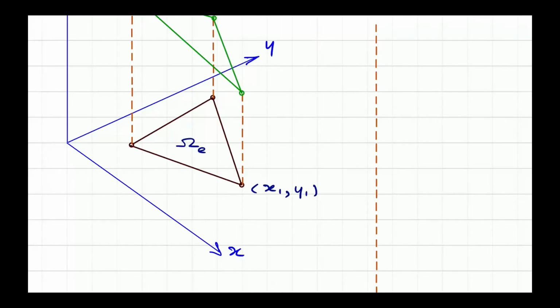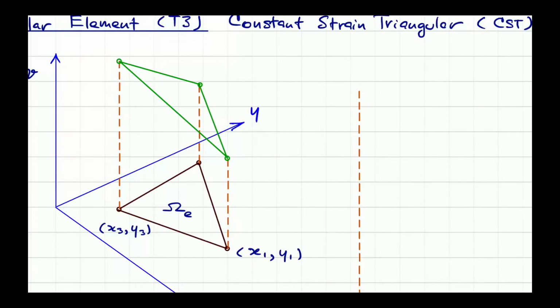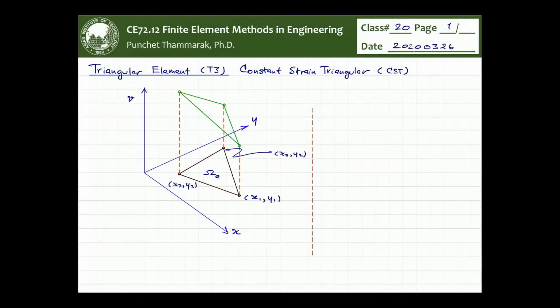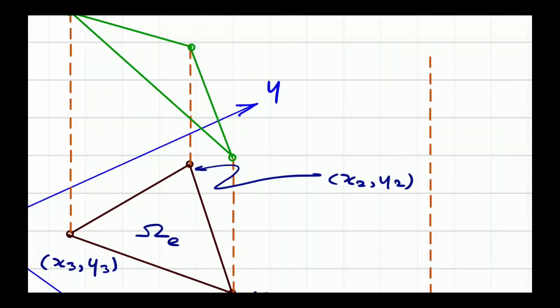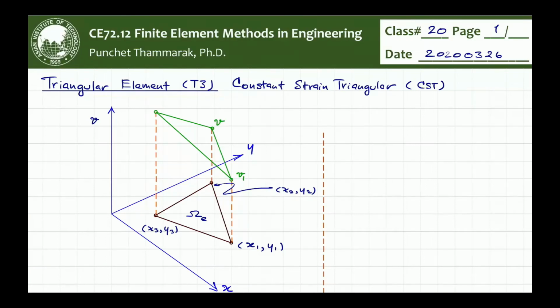This is the known value, x3, y3, and the last one is x2 and y2. So the associated v values are given by v1, v2, and v3.